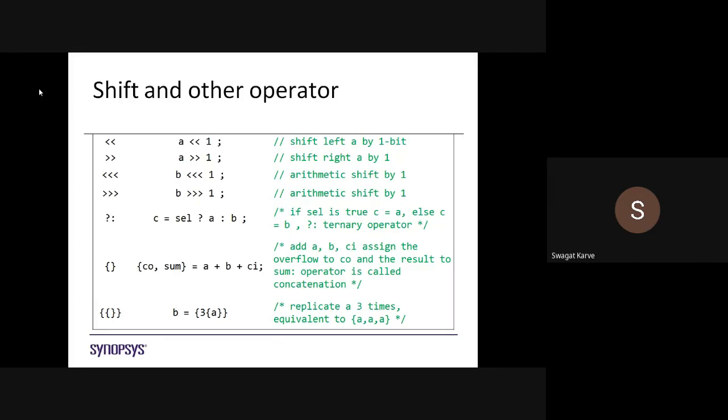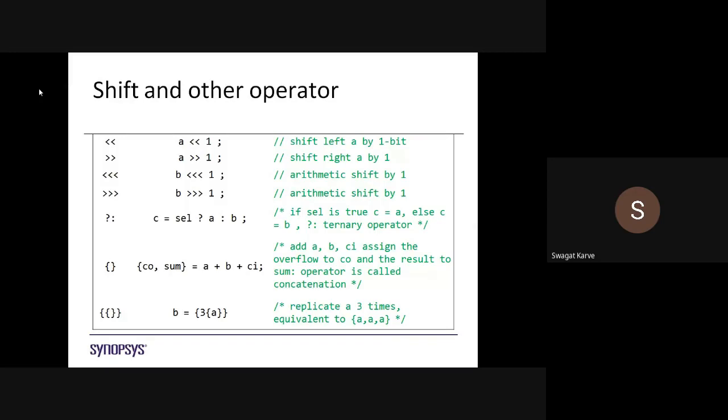Next, there are again some specific operators in Verilog, for example, question mark followed by colon. What does it mean? For example, C is equal to select question mark A colon B. How will this instruction execute?